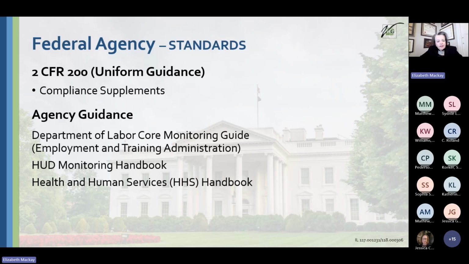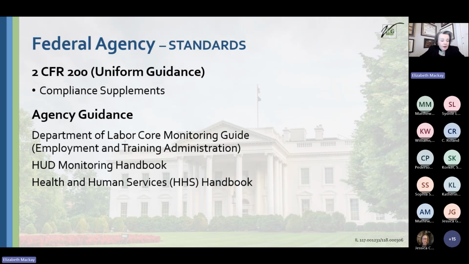And I would say there's a strong likelihood that you'll see that compliance supplement include the limits on the overhead or administrative costs that you can deduct from your grant.